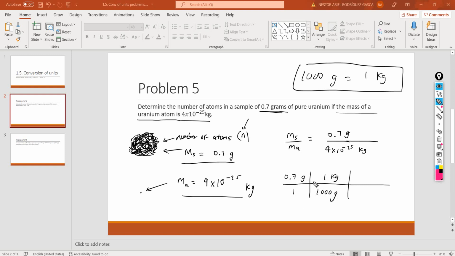But let's first cancel the units that we wanted to cancel, and then at the end the whole process will give you this number, 0.0007 kilograms. Okay, so there you go. 0.7 grams is equal to this many kilograms. Okay, and now you can proceed to perform the operation like so.